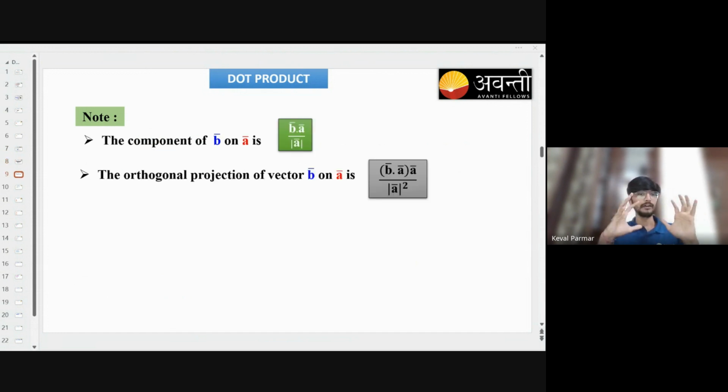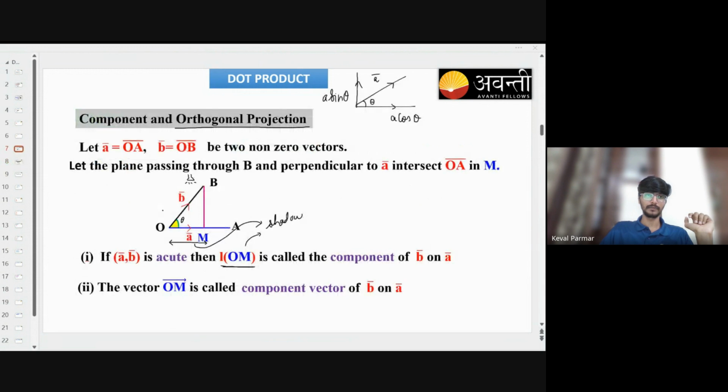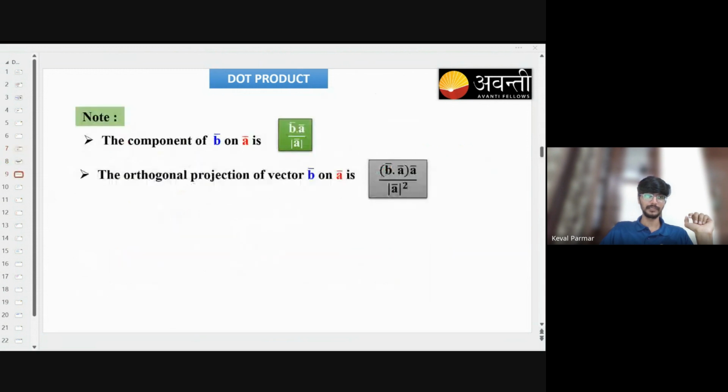Now, we have studied कि meaning क्या होता है. Now let us see what algebraically हम लोग कैसे लिख सकते हैं. So let me take the same diagram here. If this is a vector A bar, this is a vector B bar.